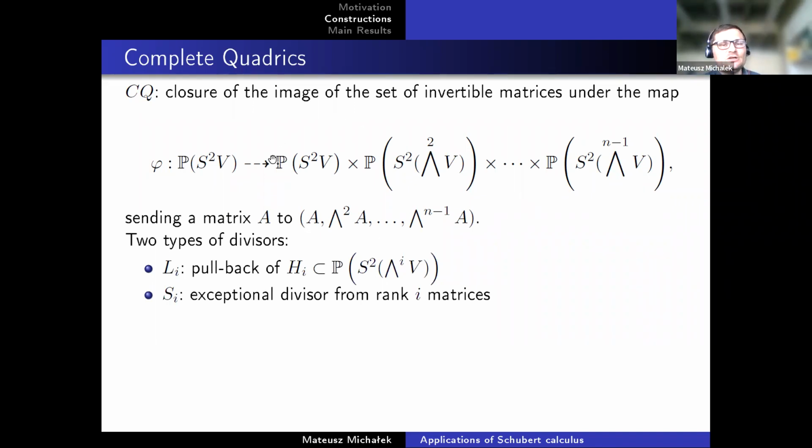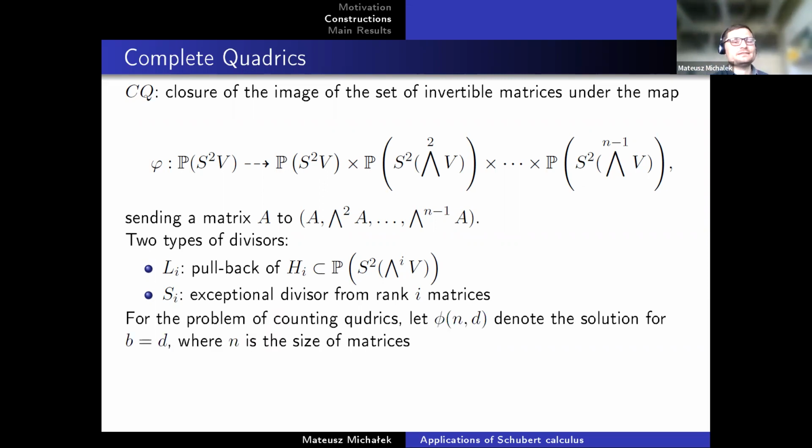One is that because it lives in this big product of projective spaces, we can just take a hyperplane in one of those projective spaces, and we could intersect our variety with that. And this class of divisors, they are called Li, where i tells you in which projective space you are taking the hyperplane. And the other ones, the Si's, they come from this blow-up construction. So they are called the exceptional divisors.